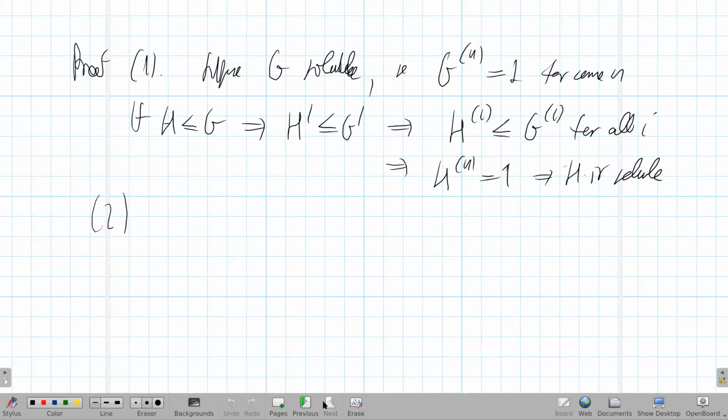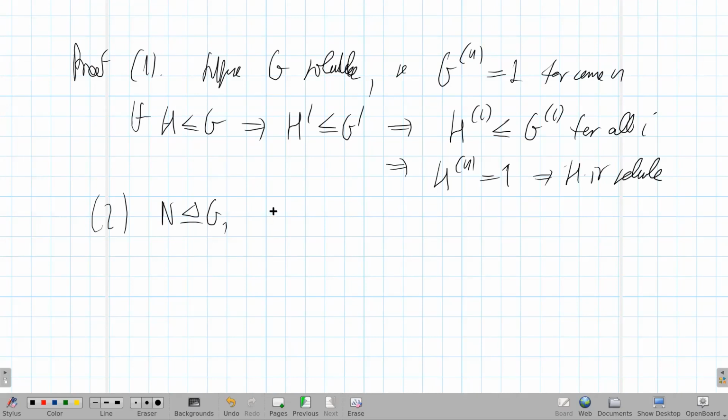Just to give an example of a different approach. So we have N normal in G, and we'll use the second equivalent condition for a soluble group that we have proved in the previous proposition.